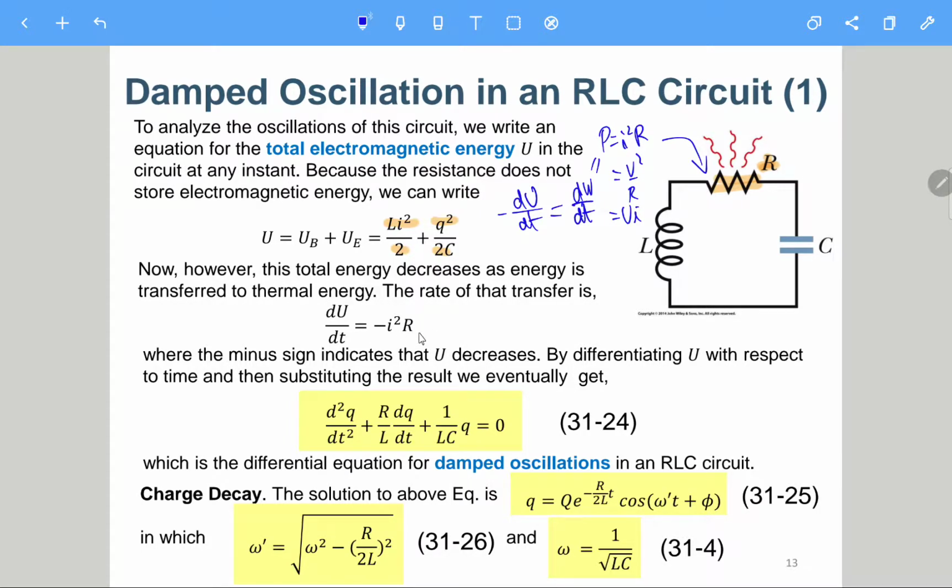So of course we will have L over 2 times 2I times di dt plus 1 over 2C times 2q times dq dt equals minus dq dt squared R. Something like this.